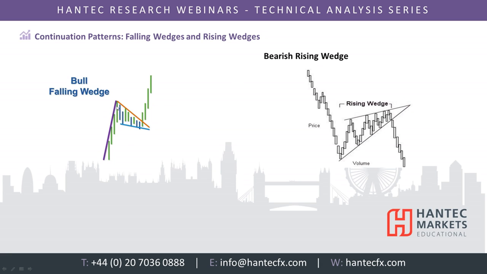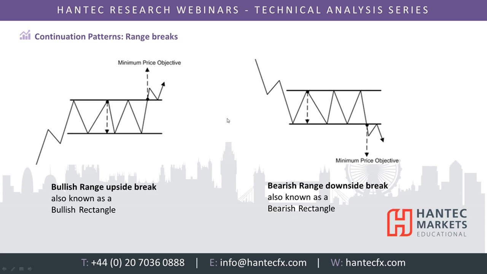Basically, you've got a sharp move to the upside that then sees a consolidation. This is a bull flag, which is a falling wedge. Sorry, a bullish falling wedge. So you have a sharp move to the upside, consolidation, and then again a sharp breakout to the upside. A bearish rising wedge is a similar sort of story as your bear flag, where you have a sharp move to the downside, see a consolidation, and then bang, again to the downside.